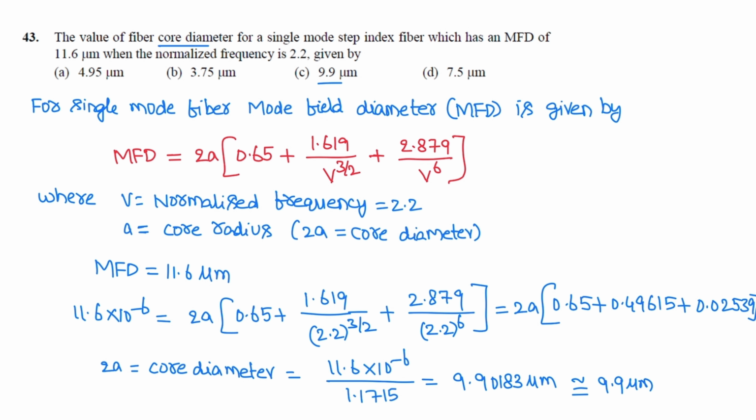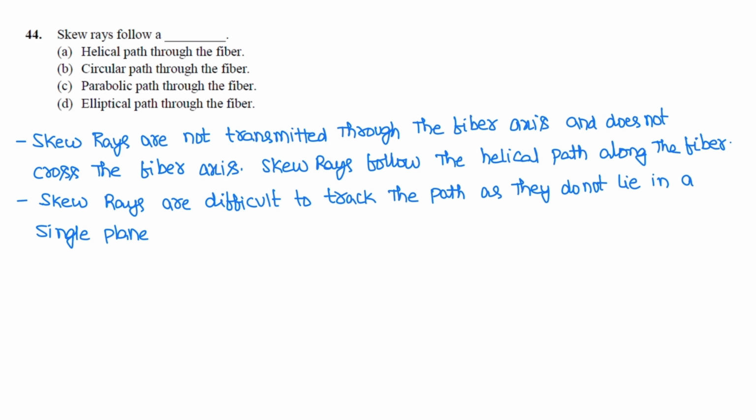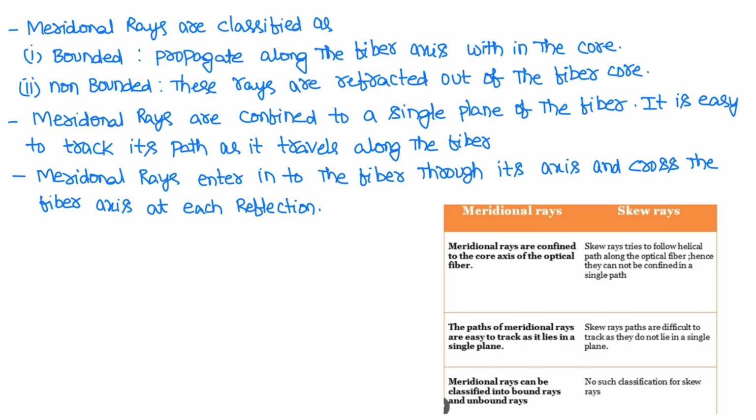Next question, helical rays. Skew rays are not transmitted through the fiber axis and do not cross the fiber axis. These skew rays follow a helical path along the fiber. The path of skew rays is difficult to track as these skew rays do not lie in a single plane. There are also meridional rays, bounded meridional rays and non-bounded meridional rays.